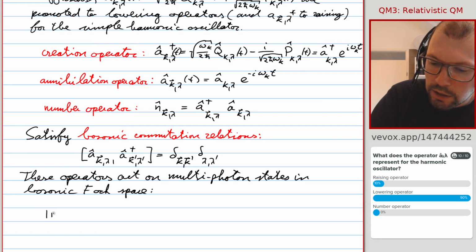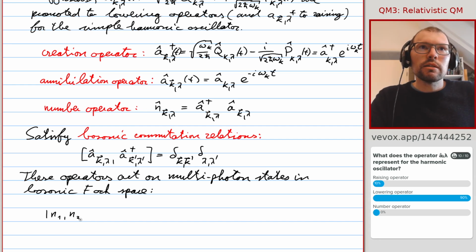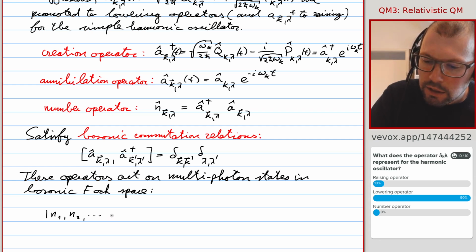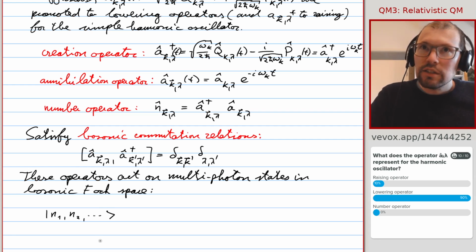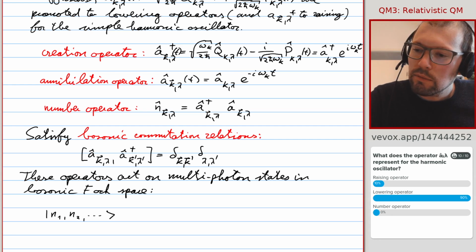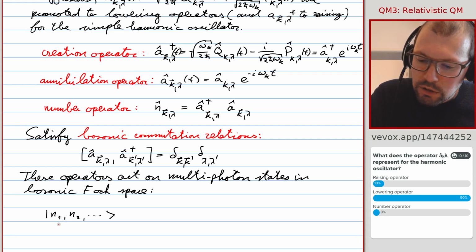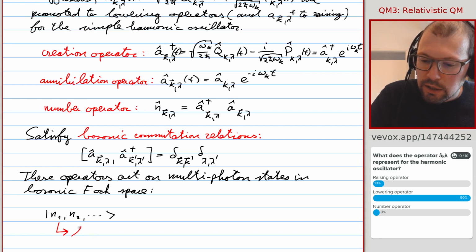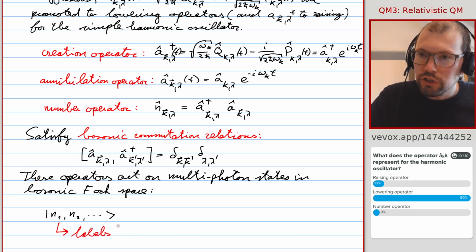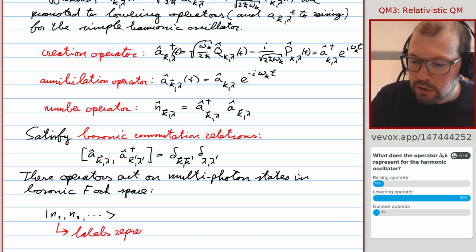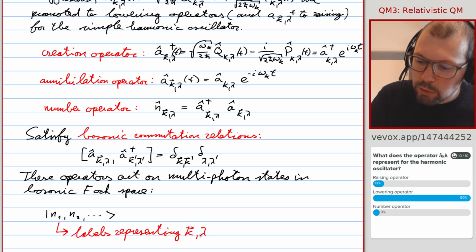So what did this Fock space look like again? Well, we were just counting the number of particles in the different states like this. So in this case, these labels correspond to the different Fourier modes. These labels represent all the different choices of the wave vector k and polarization lambda.